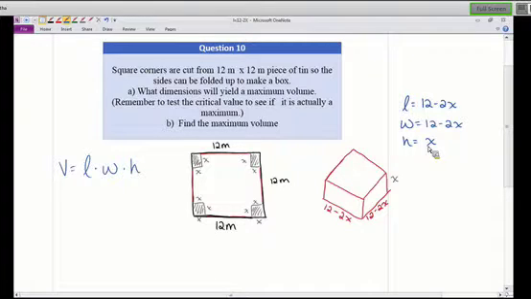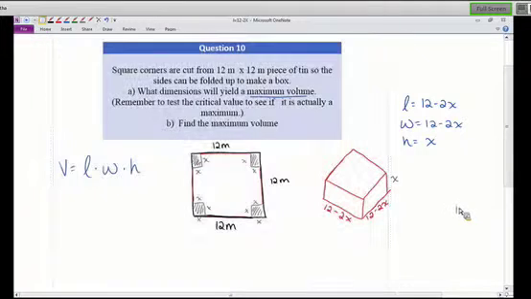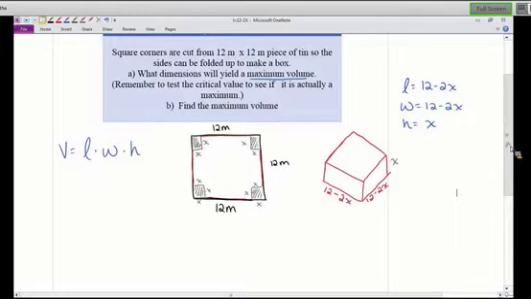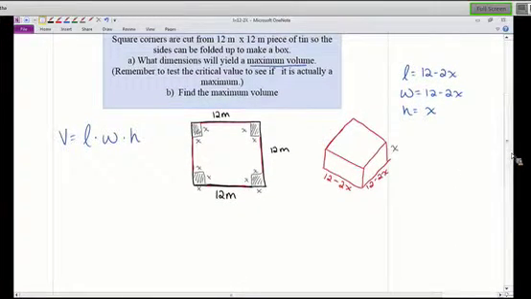Why are we dealing with volume? Because the problem is asking us for the maximum volume. On the test, do we have to draw the box? No, I'm just drawing it to show visually what we're doing. If you're a visual learner and you want to draw it out, you can. It's completely up to you. It's easier to see and work out the problem if you draw out the picture.